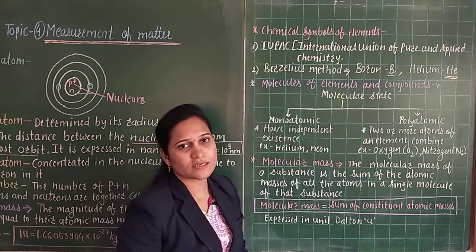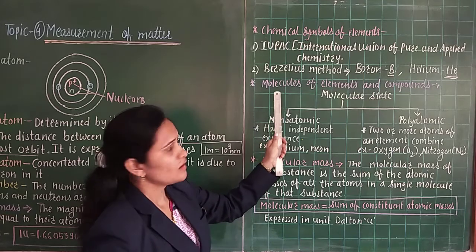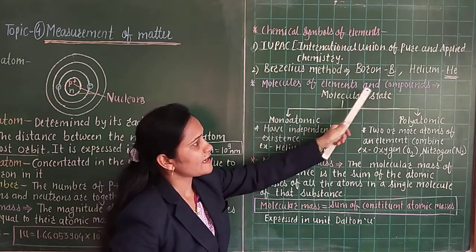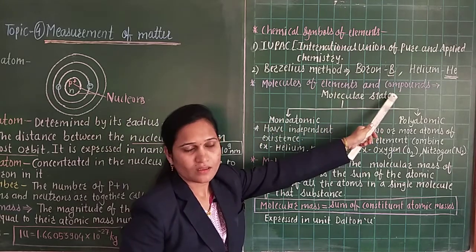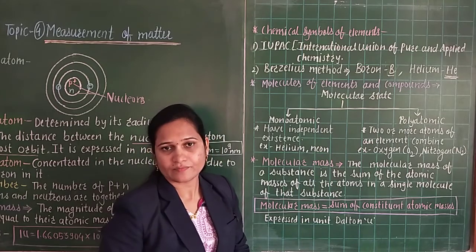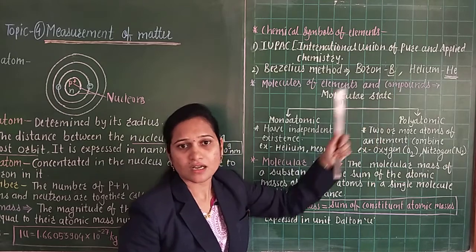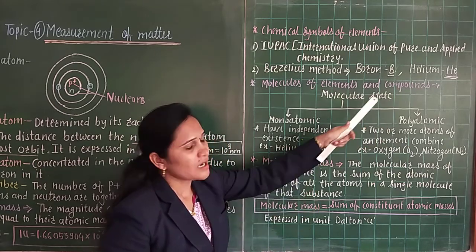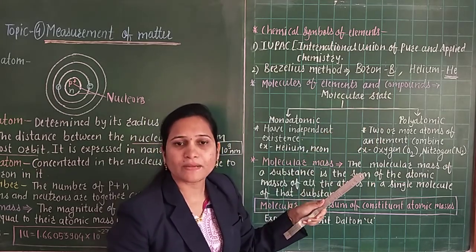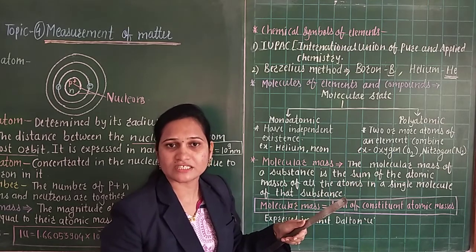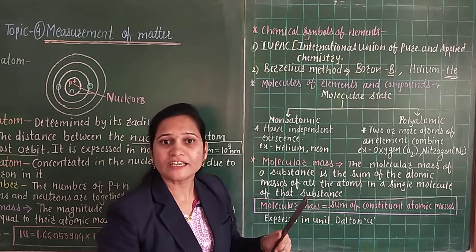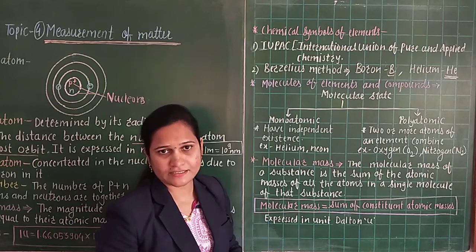Now we will move towards our next point, molecules of elements and compounds. Already you have studied the difference between elements and compounds. How are compounds formed? Compounds are formed by the combination of two or more different kinds of elements.